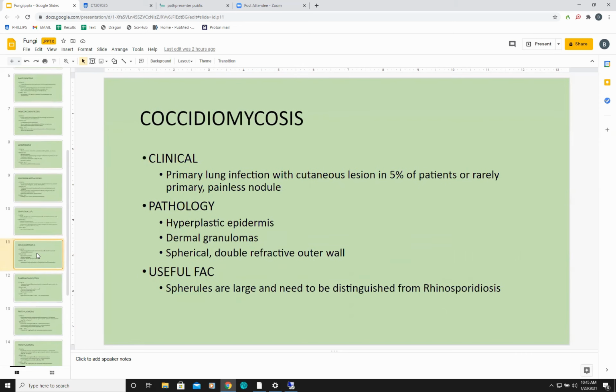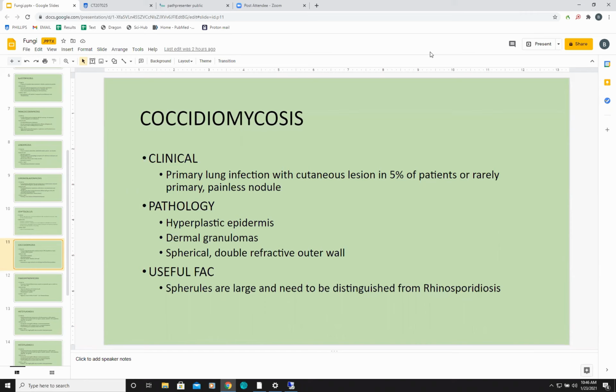The next is one which we don't see that often, coccidioidomycosis. And this is primarily seen with Coccidioides immitis, and these are fungi which are found in soil, and it's usually acquired by inhalation of the conidia.